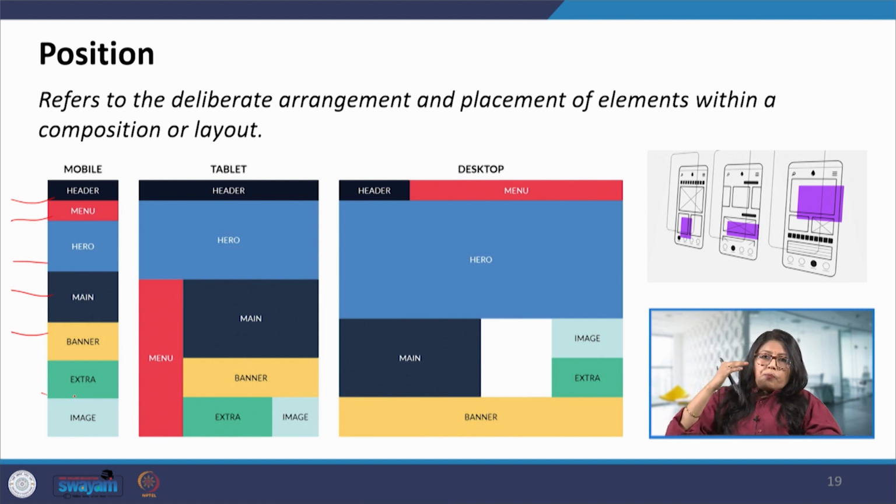Once we land on the mobile, what should come at the top, what is the most important information that one should not have to scroll down to get to? All those decisions become very important when the whole space changes.